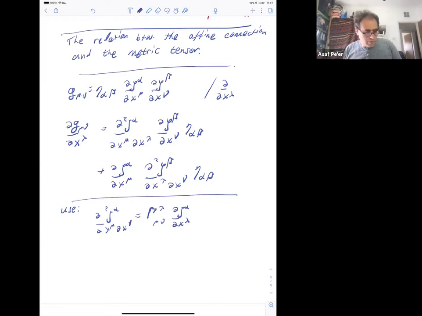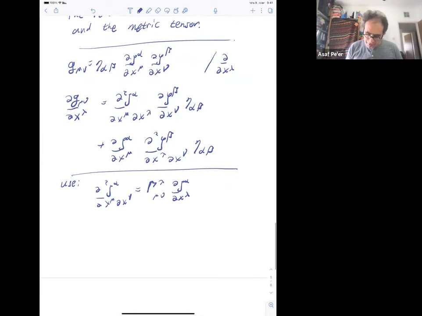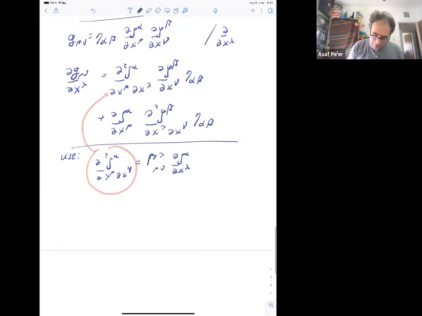If I plug it in here, I end up with d g mu nu over dx lambda is gamma. I have mu and lambda, so I cannot use lambda. Let's say something else. It would be rho mu lambda.